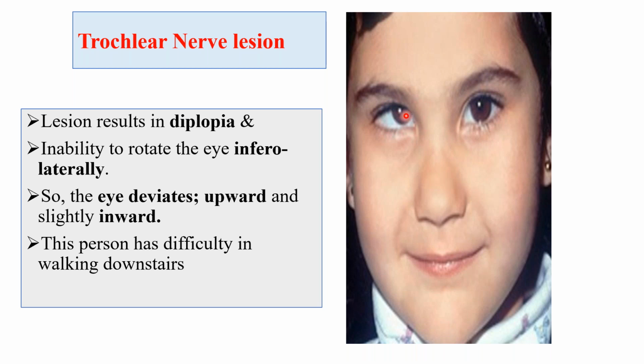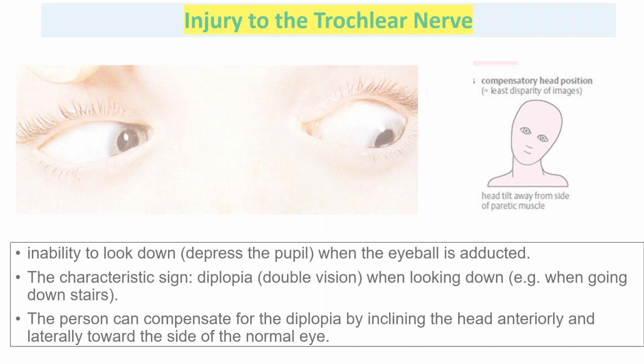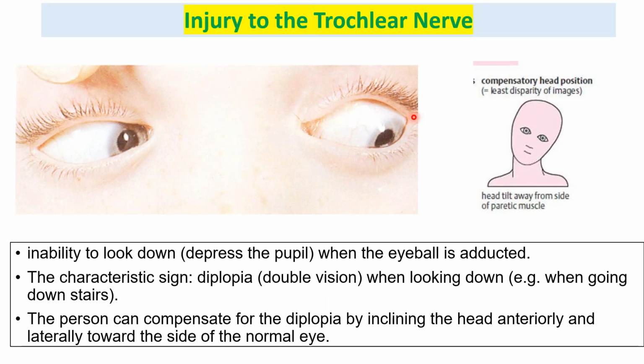So in this, what will happen? The person will have difficulty in walking downstairs. Why? Because he has the inability to look down, because the superior oblique was causing depression of the pupil.